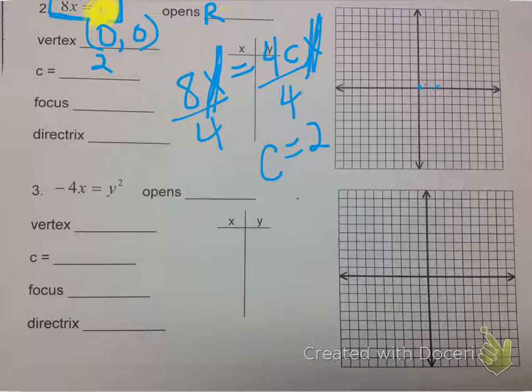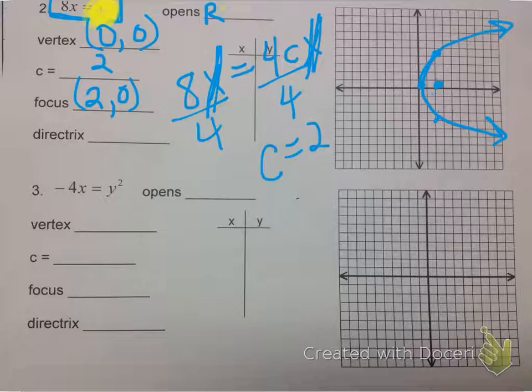So since I went 2 units from (0, 0) to (2, 0), (2, 0) being my focus now, from (2, 0), I'm going to go 4 units up. 1, 2, 3, 4. And then when I connect those dots, I have a perfect little parabola there.